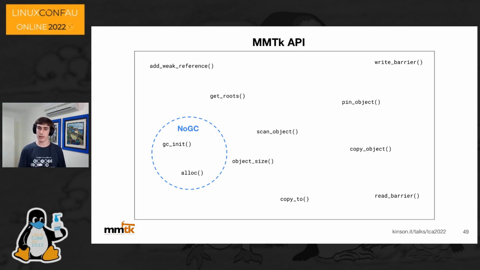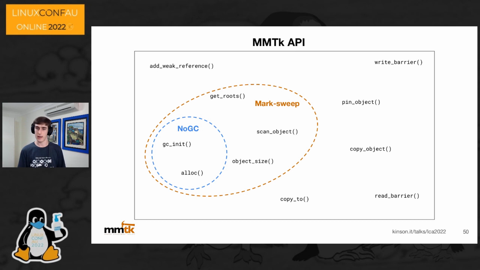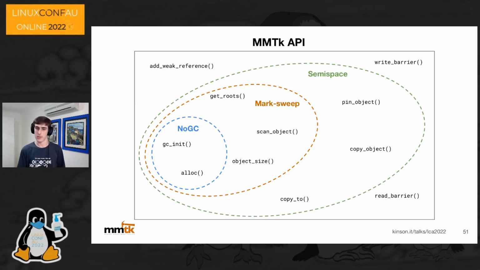Over time, we can implement larger subsets of the MMTk API, and as larger subsets of the API are implemented, more and more garbage collection algorithms can be used. And eventually, once all of the API is implemented, all of the GCs within MMTk should be accessible to the language.